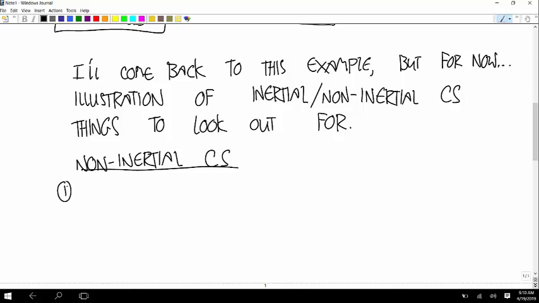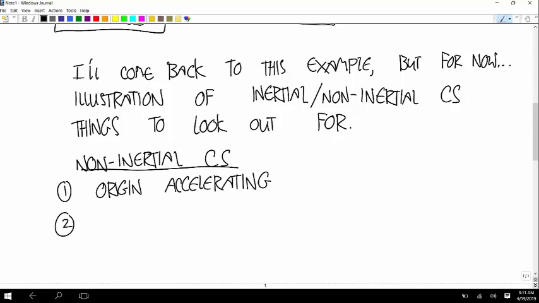So how can a coordinate system be non-inertial? First, the origin can be accelerating. Second, the coordinate system can be rotating. That's what we're doing now.